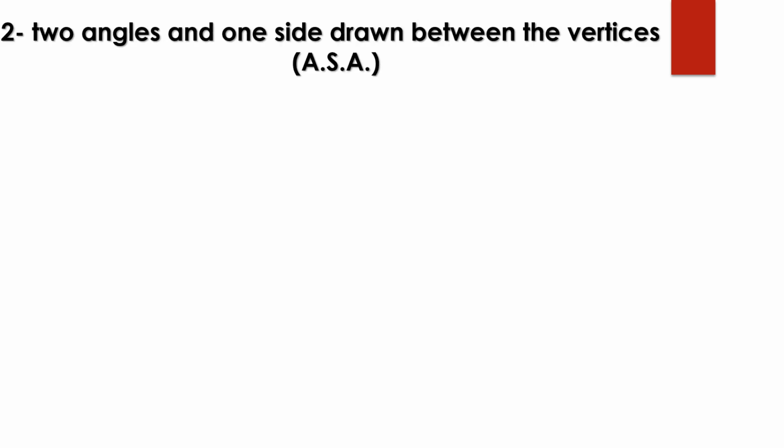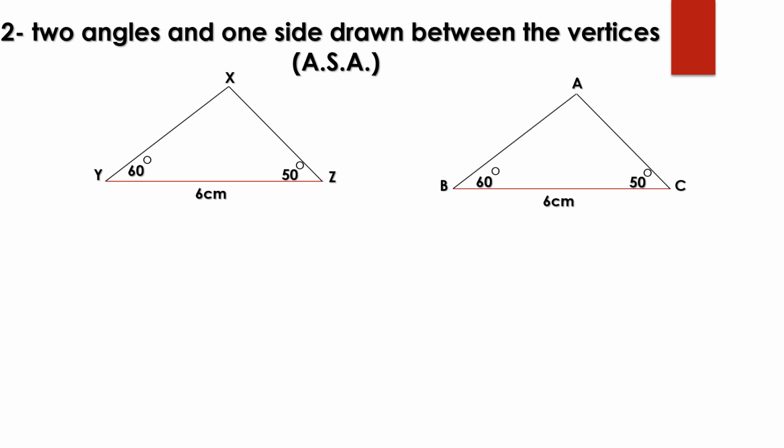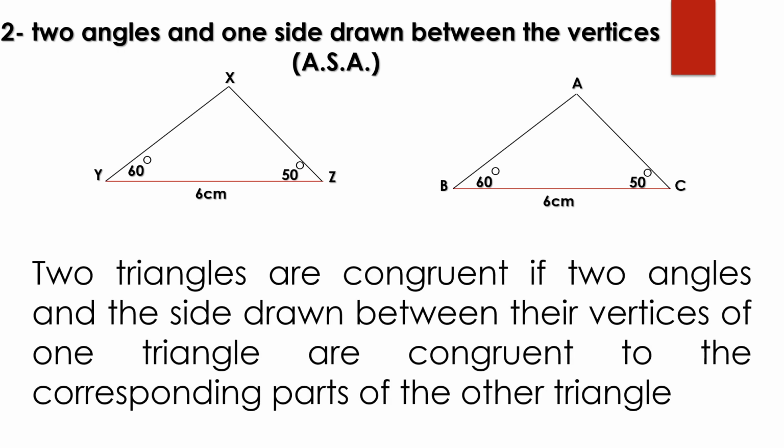The second case, 2 angles and one side drawn between the vertices, ASA. The 2 triangles are congruent if 2 angles and the side drawn between their vertices of one triangle are congruent to the corresponding parts of the other triangle.